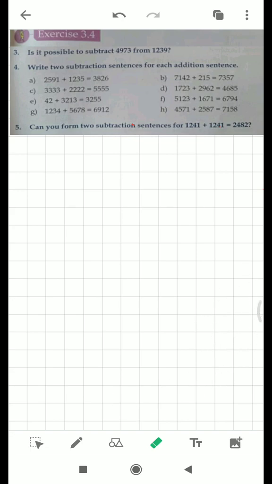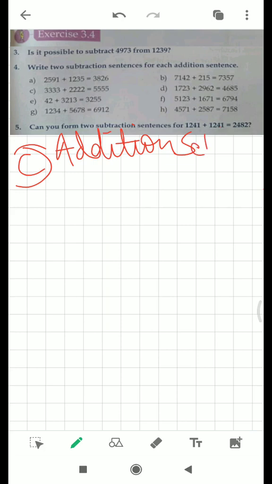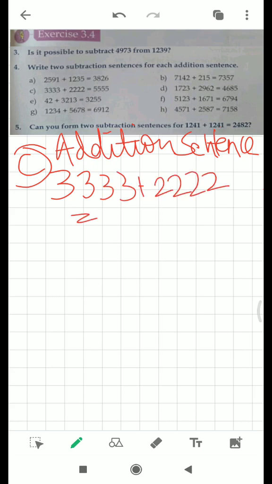Now your C part. First the addition sentence: 3,333 plus 2,222 equals 5,555. So addition.